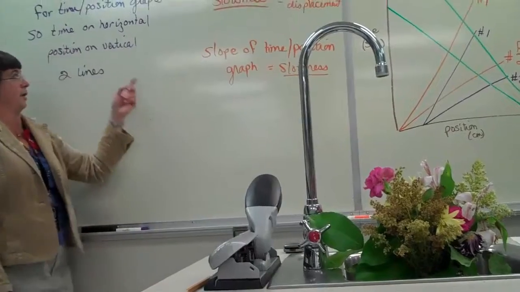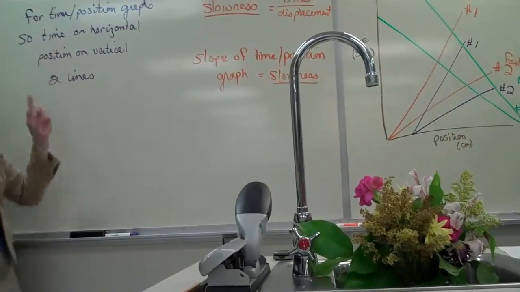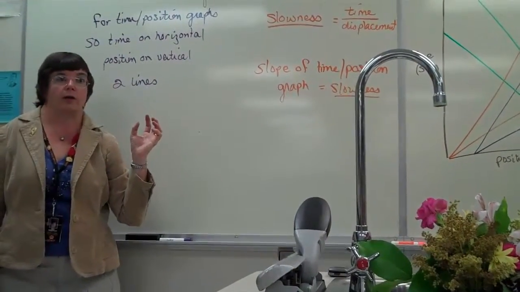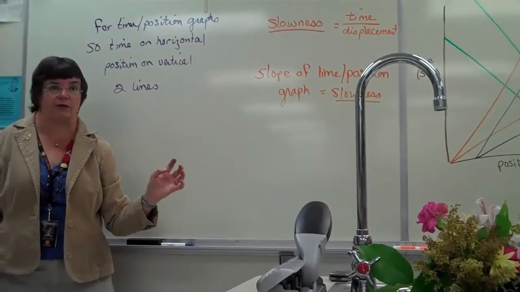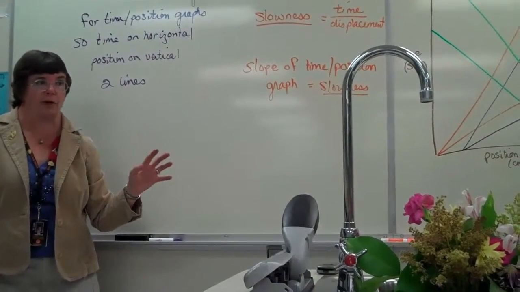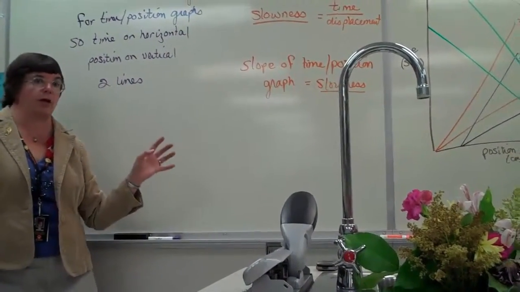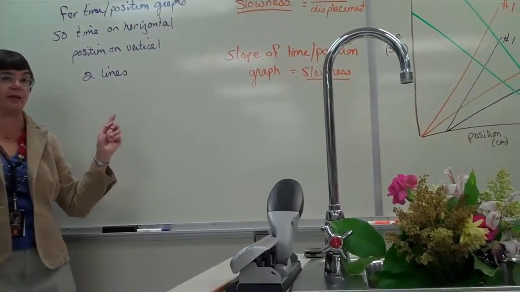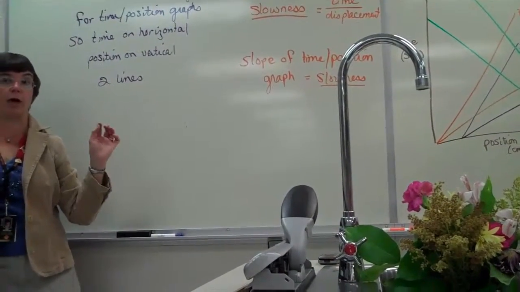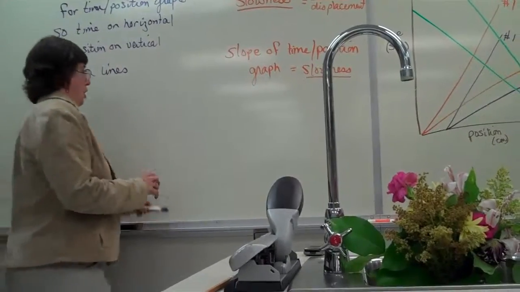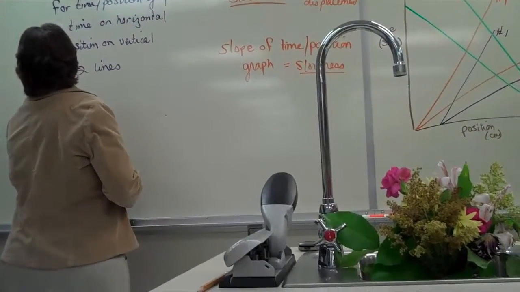When you regraph it and have position vertical, time horizontal, you do not have to do line equation, slope, etc. The only thing I want is this graph and to tell me why you needed to regraph it, and we'll talk about that in about 30 seconds.